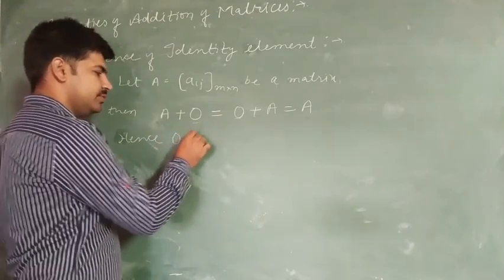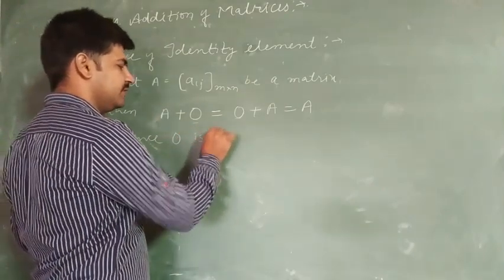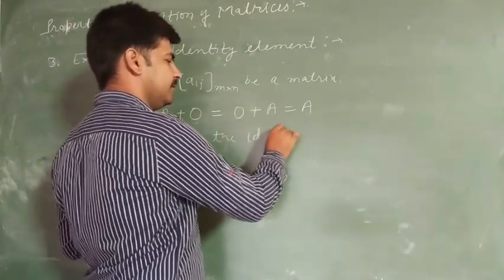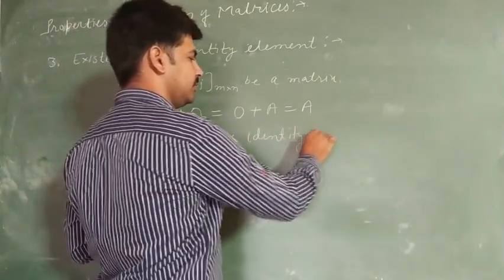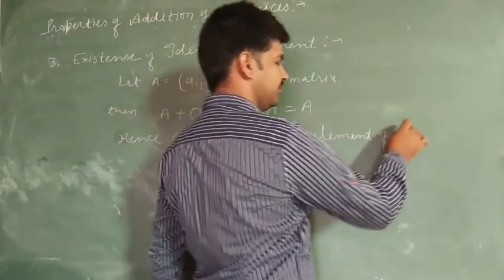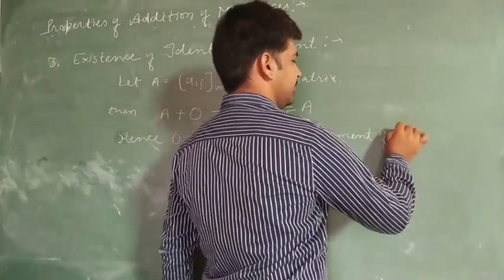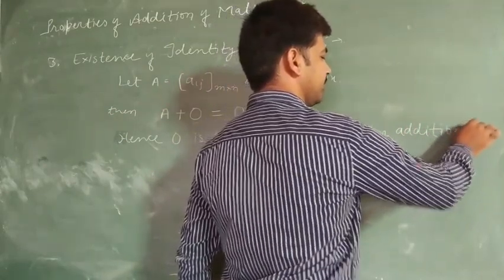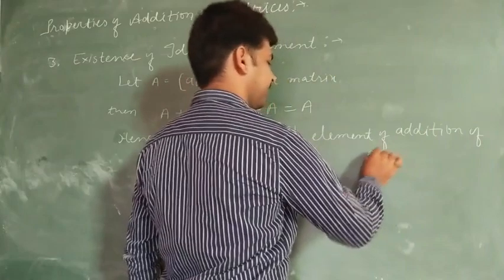Hence O is the identity element of addition of matrices.